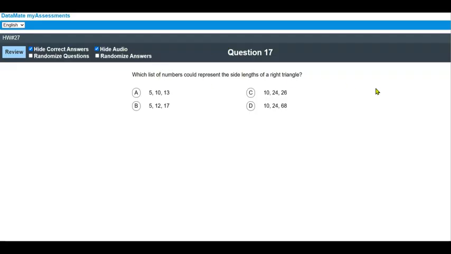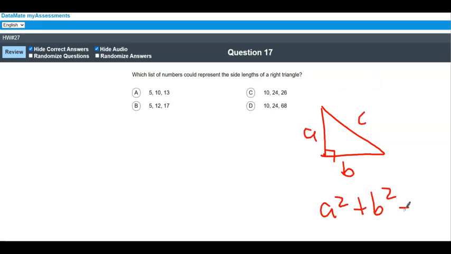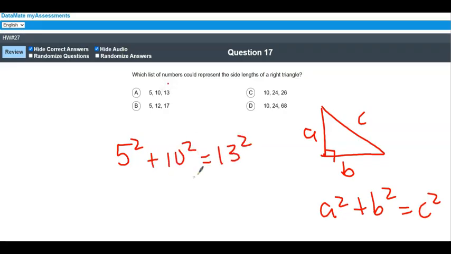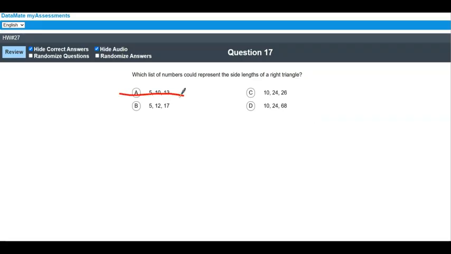Which list of numbers could represent the lengths of a right triangle? So a right triangle has to comply with the Pythagorean theorem, that a squared plus b squared has to be equal to c squared. So we're going to test, is 5 squared plus 10 squared equal to 13 squared? Well, is 25 plus 100 equal to 169? No. So that means A is out.